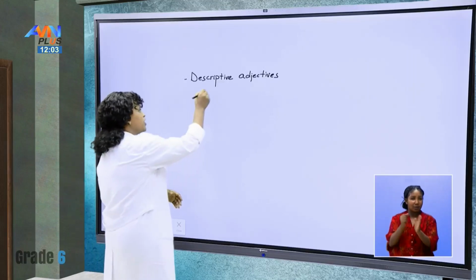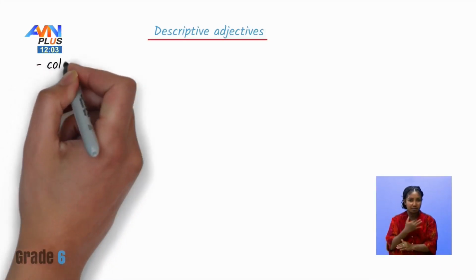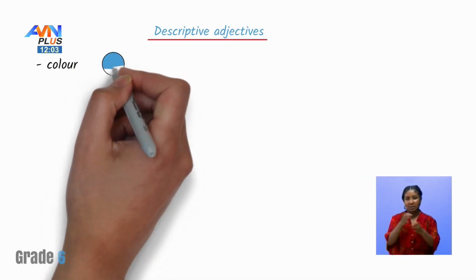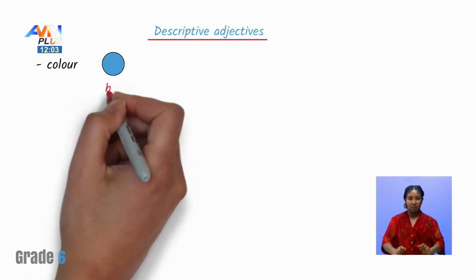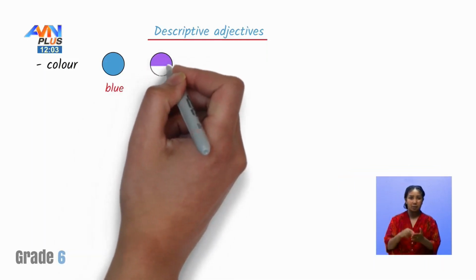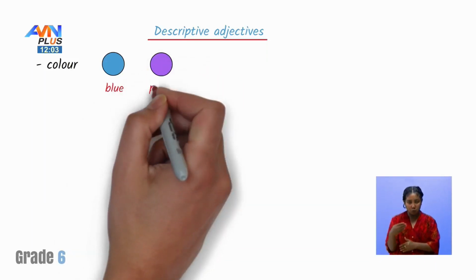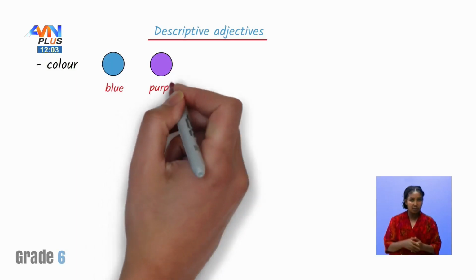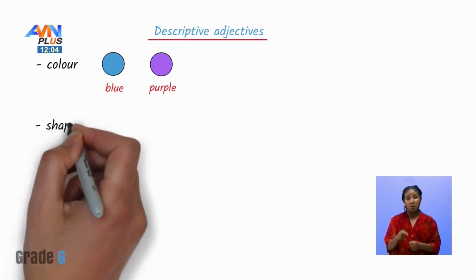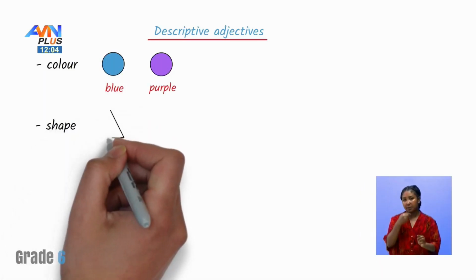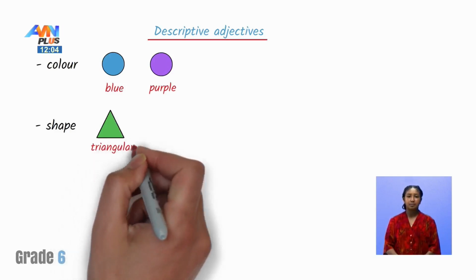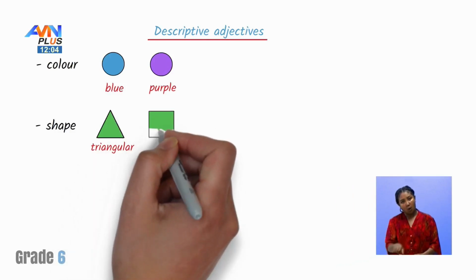For example, it can be color, just like what we were doing. Or you describe something with its shape. When you say color, that means you say for something blue, yeah? Purple. Or when we say shape, you can say for something triangular. Yes? Or square.